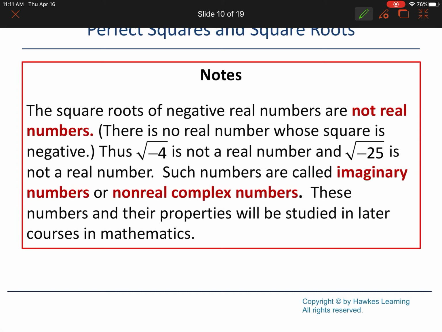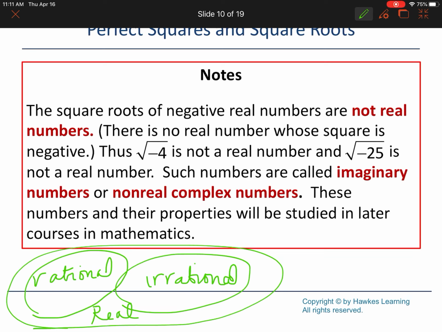You could still figure out whether something is greater than it or less than it. It still has an amount, and that makes them what we call real numbers. And then we have numbers that are not real numbers. Sometimes they call them the imaginary numbers or the non-real complex numbers. It's sort of unfortunately named, but you'll talk about that later, because imaginary makes you think that they don't exist, whereas they do. They're just not on our number line.